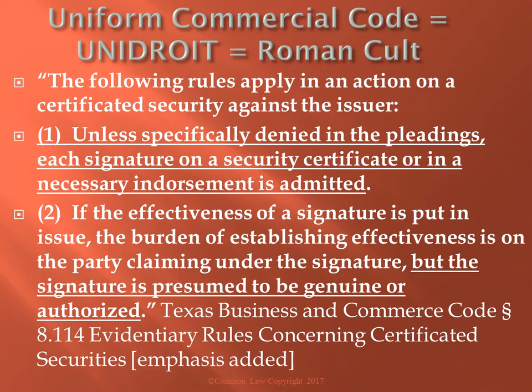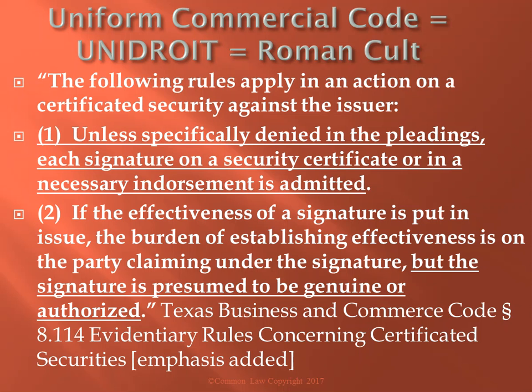And this is UCC 8-114, Evidentiary Rules Concerning Certificated Securities. The following rules apply in an action on a certificated security against the issuer unless specifically denied in the pleadings. Each signature on a security certificate or a necessary endorsement is admitted.